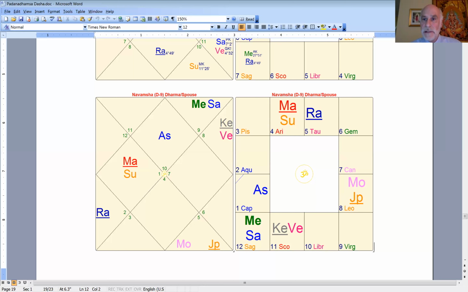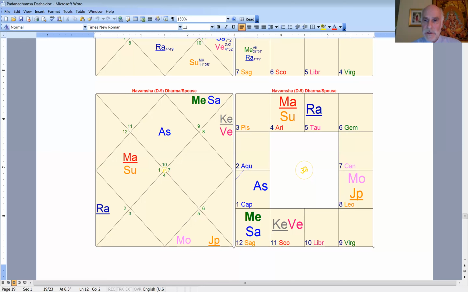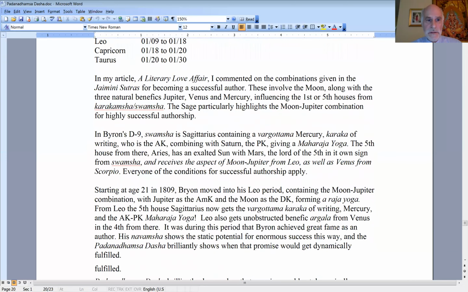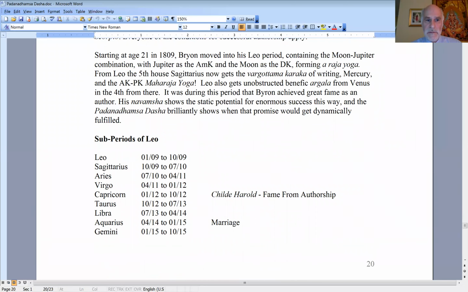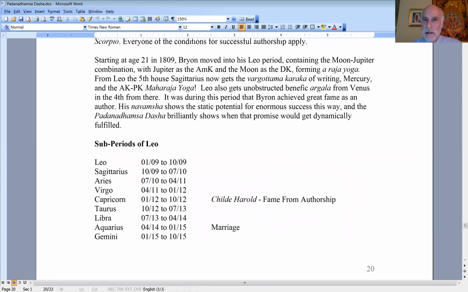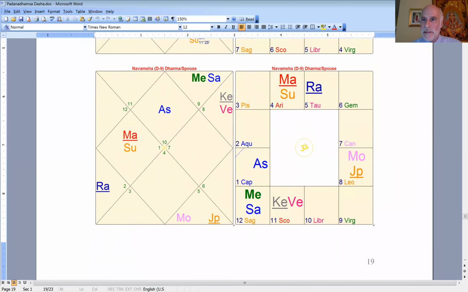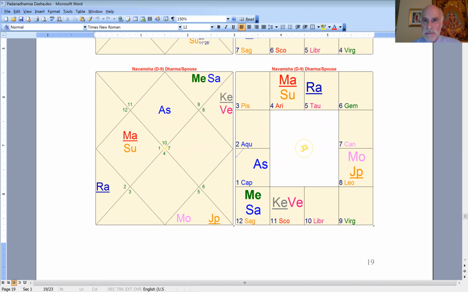And so this happened in a Leo major period, as I mentioned, which was a 9-year period. Now, the beginning of that, if I can show you this here, Leo subperiods, the beginning of this would have happened in his Capricorn major period. After graduating from Cambridge with a friend, which was a very typical thing for the sons of the aristocracy to do at that time, he went on what's called the Grand Tour, which was a tour of Europe and also Asia Minor.